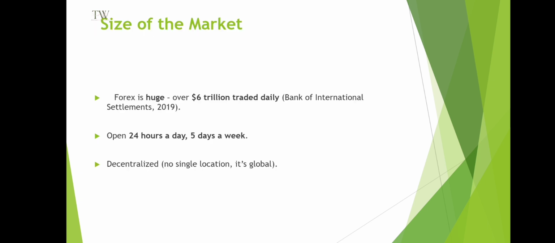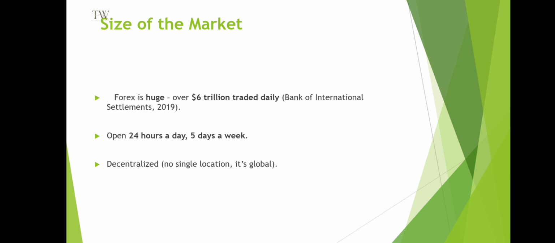Now you need to know that the Forex market is huge. Remember, we said that it is the largest financial market. Now, for it to be the largest financial market, over $6 trillion is traded in this particular market daily. It is not weekly, it is not monthly, it's not yearly. It is daily, on a daily basis, like every 24 hours.